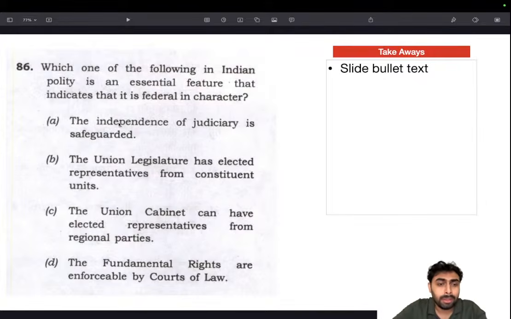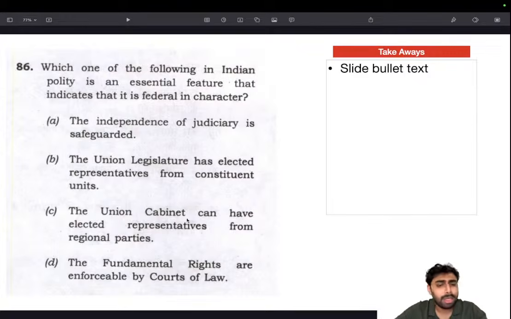The first option is: independence of judiciary is safeguarded. Yes, having an independent judiciary really adds to the federal character of the nation. Next, Union legislature has elected representatives from constituent units, meaning they have representatives from states. That has a federal character to it, and that is also followed in Indian polity.